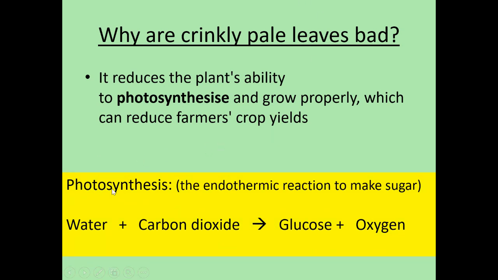Hopefully you will remember that photosynthesis is an endothermic reaction to make sugar. The point is making sugar, which the plant can use for growth, repair, and respiration. It requires water and carbon dioxide. Carbon dioxide gets from the air, water from the soil, and it makes glucose, which is a carbohydrate, and oxygen as a waste product as well.